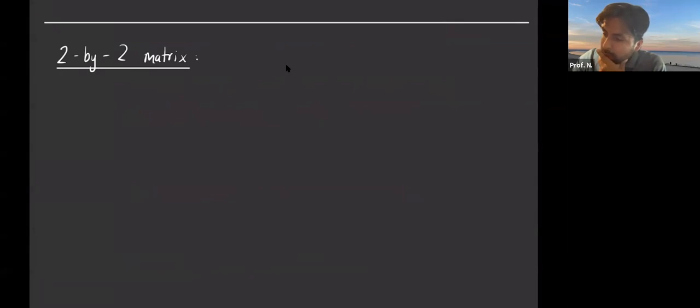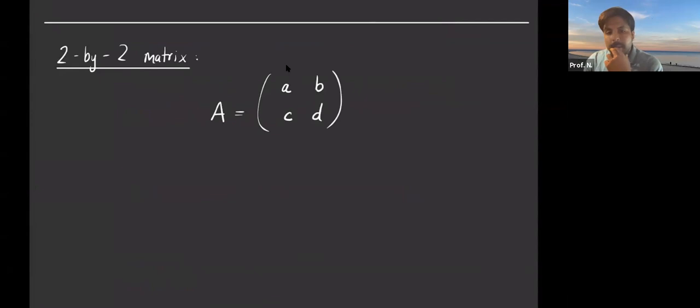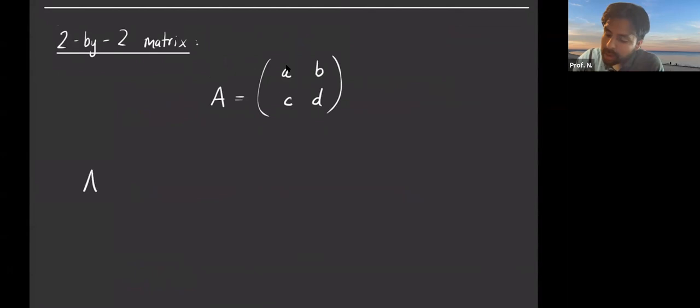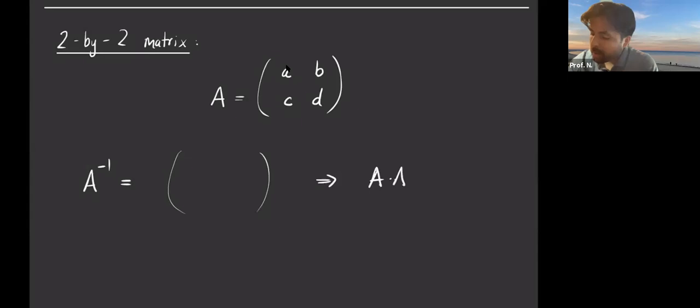I'm going to give you a matrix and call it A, with letters that represent the entries of A. Now I want to find, if it's possible, the inverse, so that when I multiply it with A, either way, I get the identity. How would I do such a thing?